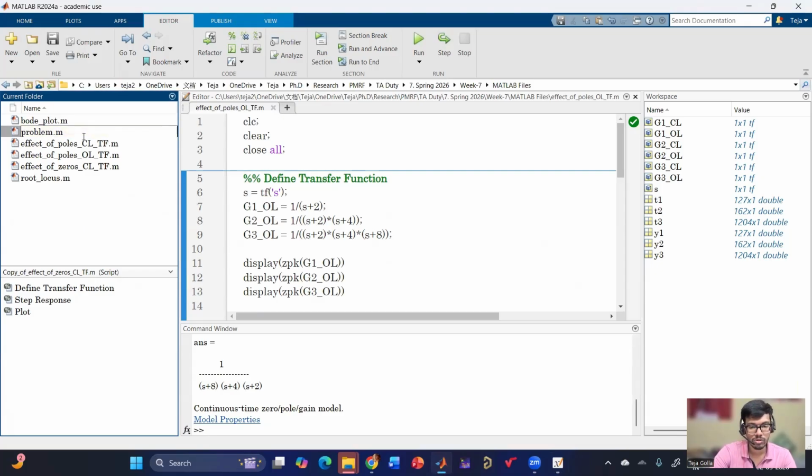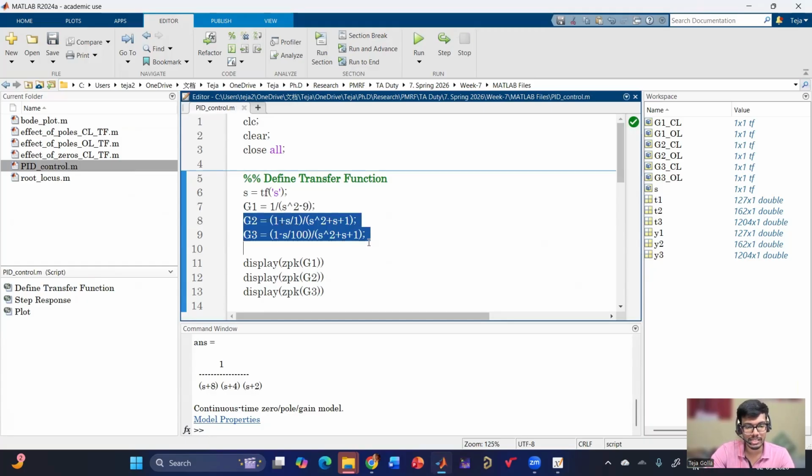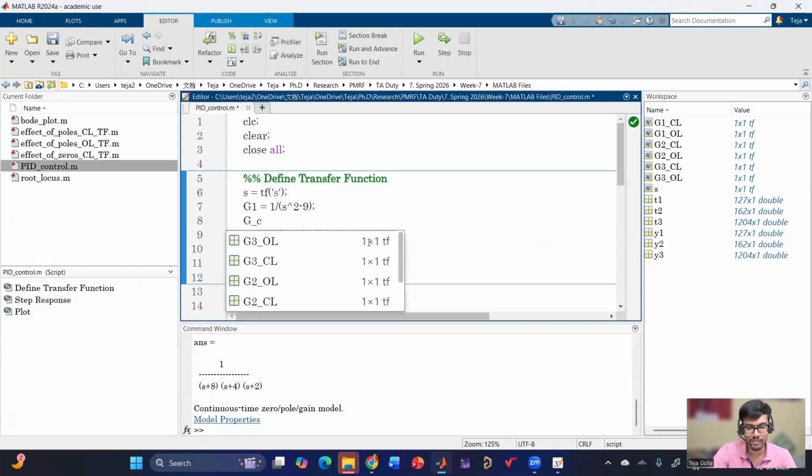Hyphen we cannot use, so I'll write it as PID control. So this is my code. Let us open this code. So this is my given transfer function. I'll consider my G as 1 by s square minus 9. So this is my initial transfer function G1. Now I'm writing GC, G underscore C.